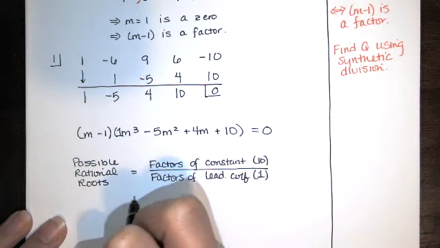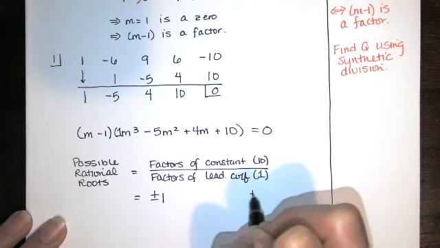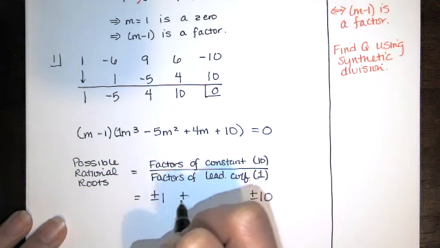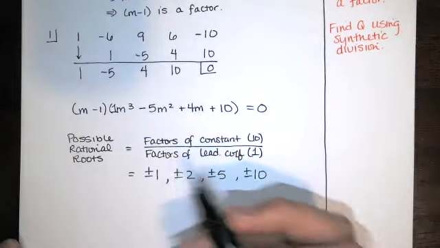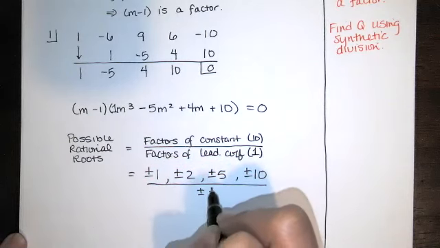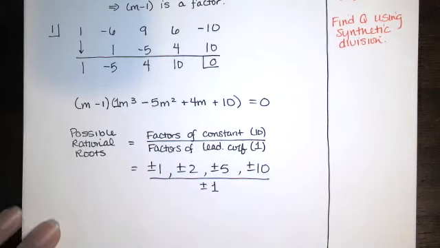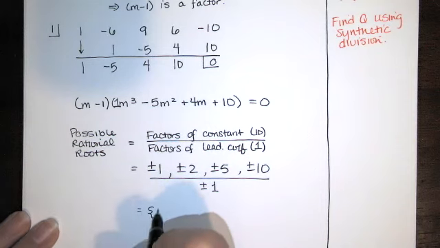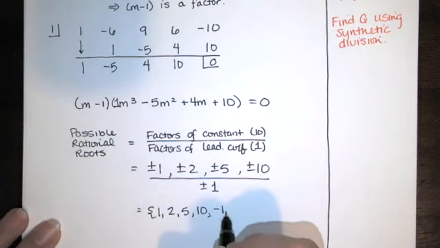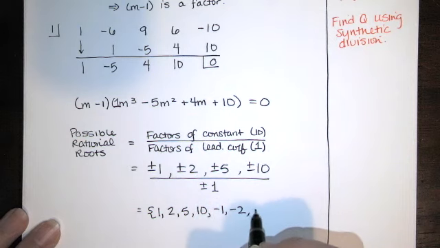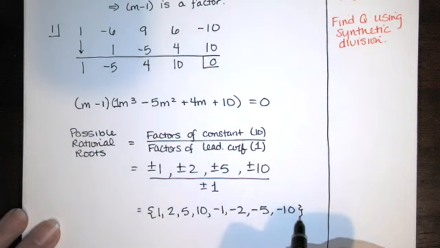So factors of 10 are plus and minus 1 and plus and minus 10, plus and minus 2, and plus and minus 5. And of course, dividing by plus and minus 1 doesn't really do anything. So we've got 8 possible rational roots: 1, 2, 5, and 10, and -1, -2, -5, and -10.